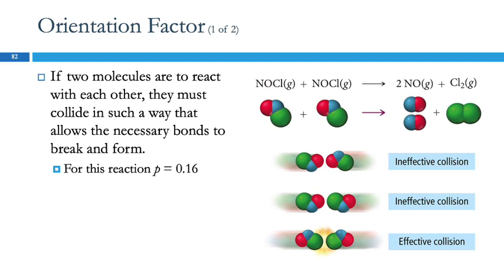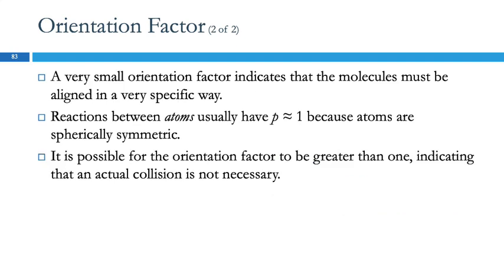For this reaction, that factor happens to be 0.16. If the orientation factor is small, it means that the molecules have to be aligned in a very specific way. If we have a reaction between individual atoms, not molecules, then that orientation factor is going to be really close to 1, because atoms are symmetric.